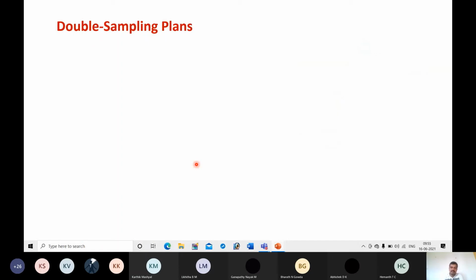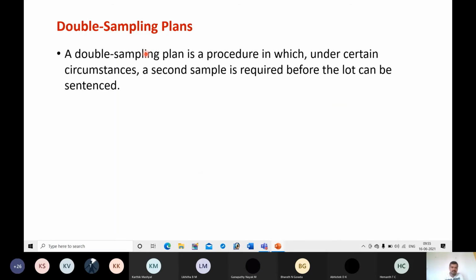There are different considerations that we look into. A double sampling plan is a procedure in which, under certain circumstances, a second sample is required before the lot can be sentenced. Lot sentencing means making a decision regarding whether to accept a lot or reject it.